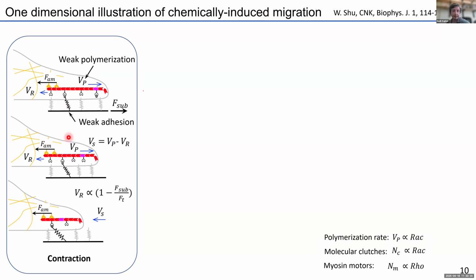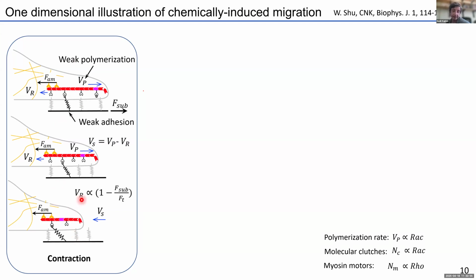And then the idea is this. Let's say this is one edge of the cell which is about to undergo contraction. Here, the strong Rho signals will give rise to a strong retrograde flow, a low level of polymerization of actin, but also a weak adhesion with the underlying surface due to the relatively low number of molecular clutches. All these together will cause contraction.